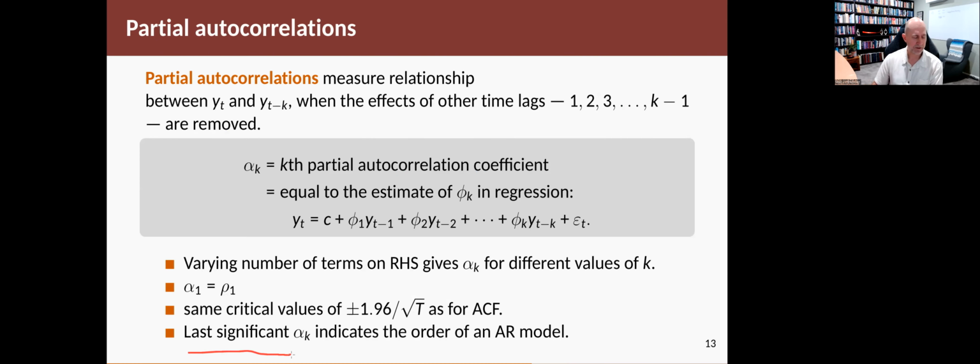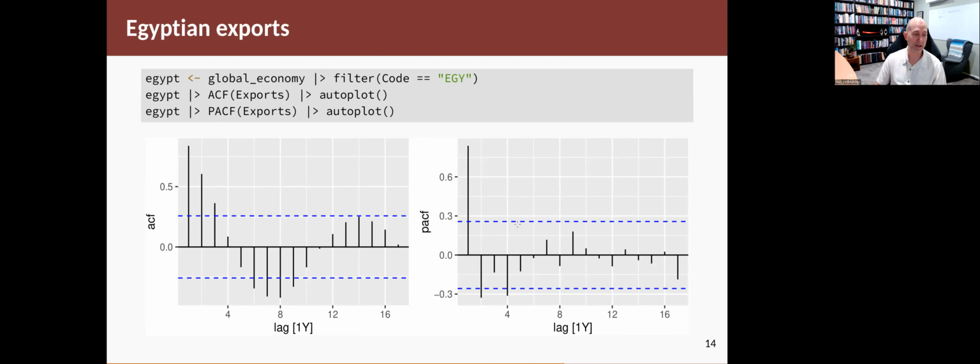The last significant partial autocorrelation coefficient indicates the order of an AR model if you have a pure AR model. So you look at the PACF and ask, what's the last significant spike? You go from the right-hand side, looking for a significant spike. The first one you find, which is the last significant one, is this one. So that suggests that an AR4 might be a reasonable model for the Egyptian export data.